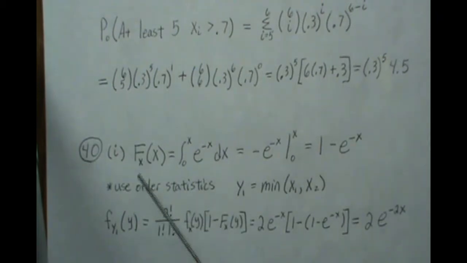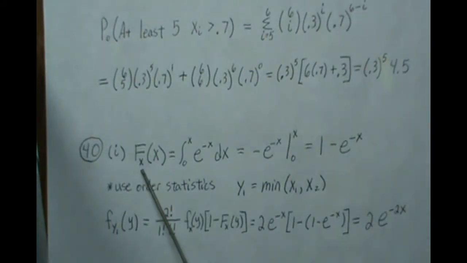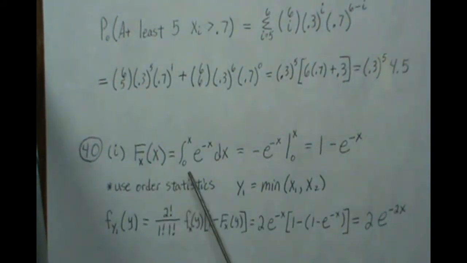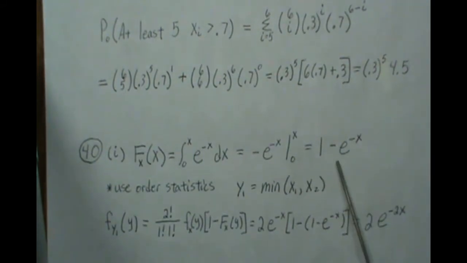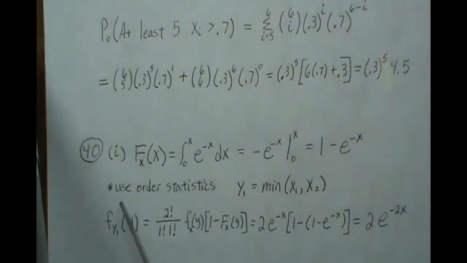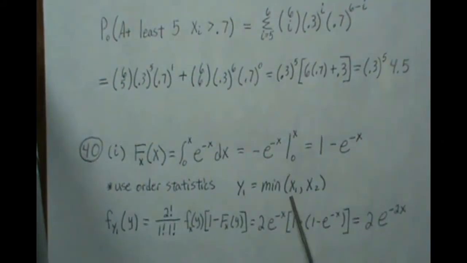First, we find the CDF of x. So capital F of x is the integral from 0 to x of our density, which is this. Take the antiderivative, plug in limits, we get this. Now we're going to use order statistics for this. And so Y1 is the minimum.